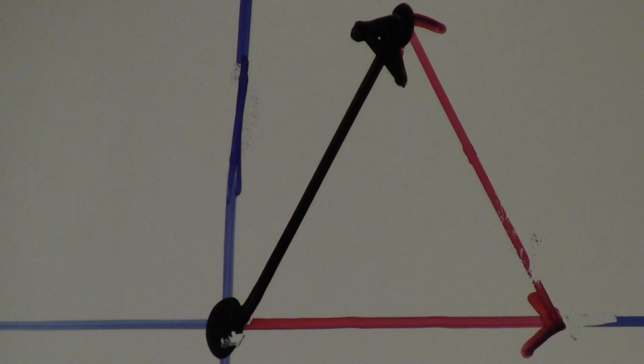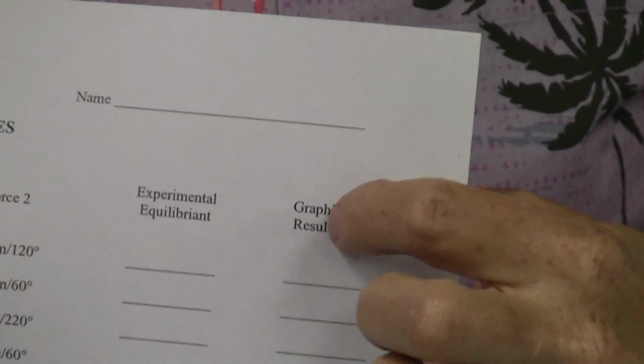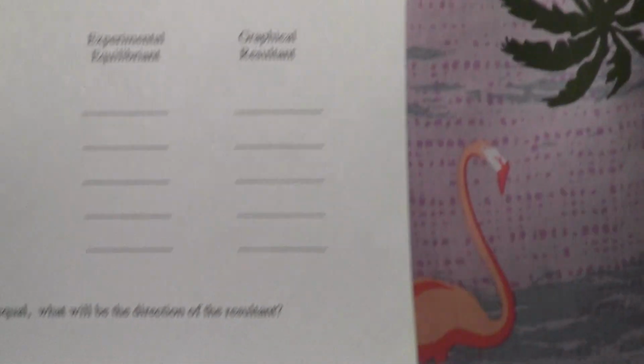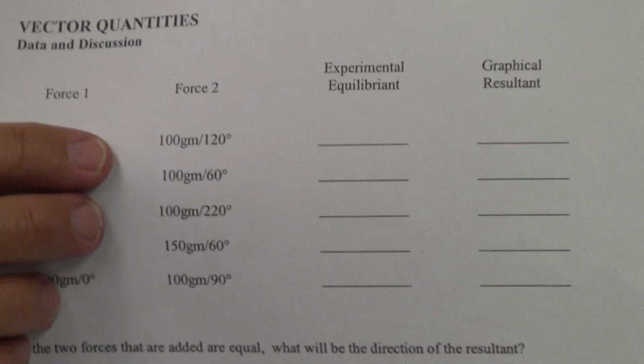And what you're asked to do, let me hold up the graph paper here, is make that drawing first, and then right here, where it says graphical results, write down the magnitude and the direction of what those two are equal to.